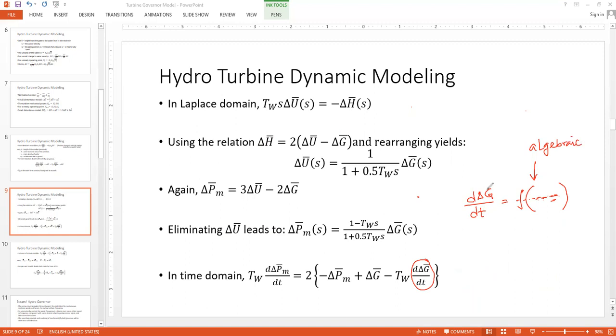That means we are looking for some expression of the deviation in g with respect to time. Okay. So in reality, how do you control this gate valve? Any idea? Whether it is a hydro turbine or a steam valve, how do you control the opening? Remember, del G is nothing but the opening and closing of this valve over here.